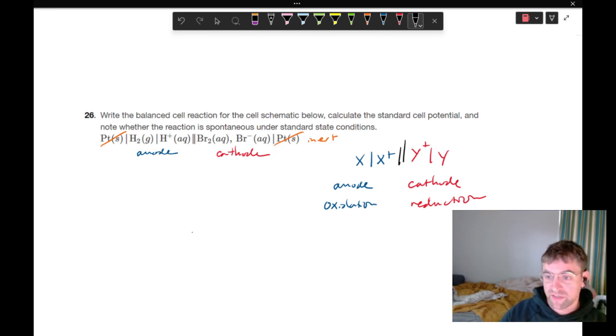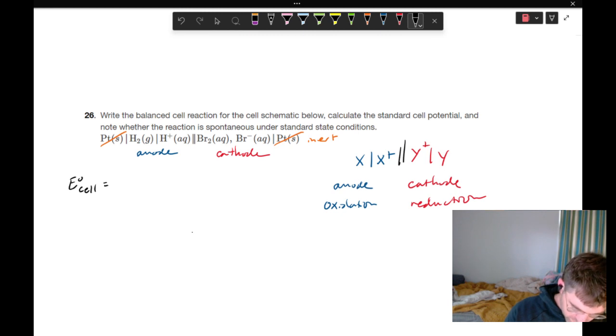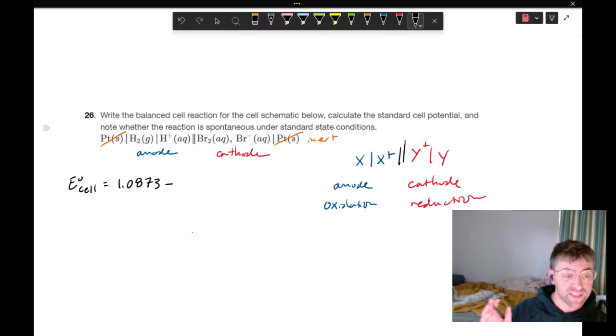So we also need to pull in our tabulated values. It's cathode minus anode. Our cathode is that bromine species. The standard half cell potential for that is positive 1.0873 minus our anode. In this case, it's hydrogen. The platinum remains a solid on both sides, and that is a good indication that it is a spectator in these cells.